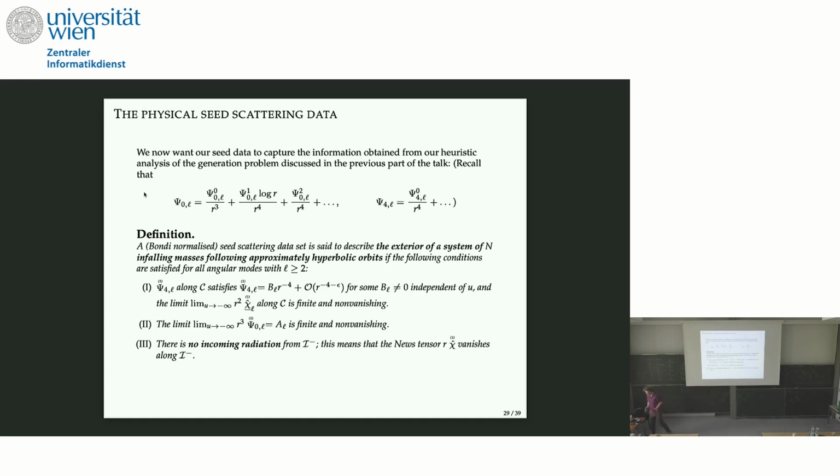But there is absolutely no way that I'm telling you, here are results for linearized gravity around Minkowski, and they just mathematically apply for linearized gravity around Schwarzschild. I'm not saying that. I'm just saying that from a physical point of view, you would expect them to be the same. But the right thing, of course, is to either do this thing down here, where you replace the assumption of n infalling masses with incoming gravitational radiation, or to treat this generation problem mathematically for the Einstein equations.